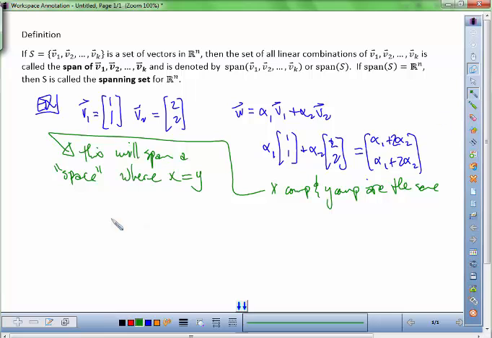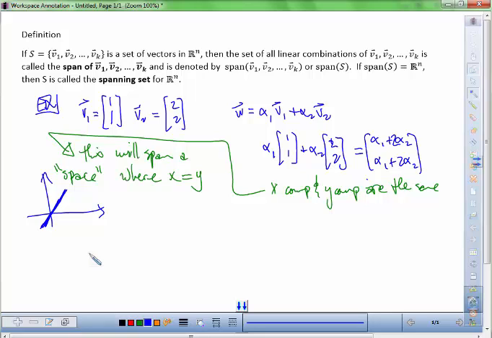So the span of this, we can actually visualize because it's in 2 dimensions. The span is just a line. Since both vectors are pointing in the same direction, or even if they're pointing in opposite directions, they're collinear, the span of that is just going to be scalar multiples of these things, which is just adding the same things over and over again.